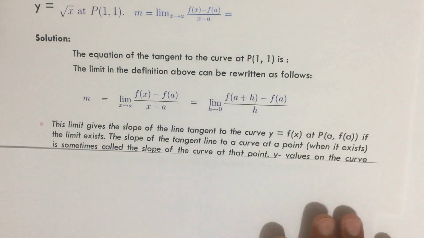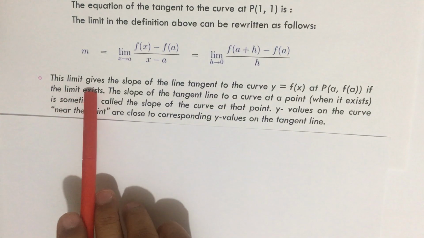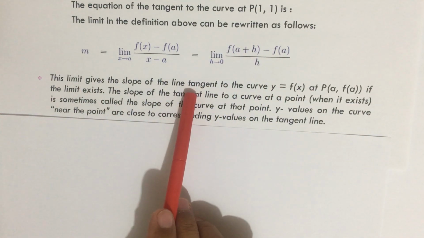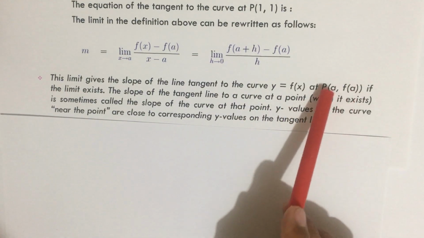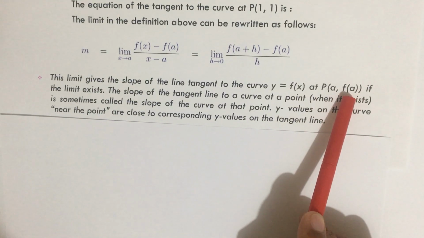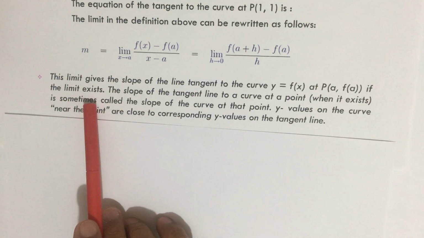So we have here that this limit gives the slope of the line tangent to the curve y equal to f of x at P, having coordinate a and the value of the function at x equal to a, if the limit exists. So again, the condition is that the limit exists.